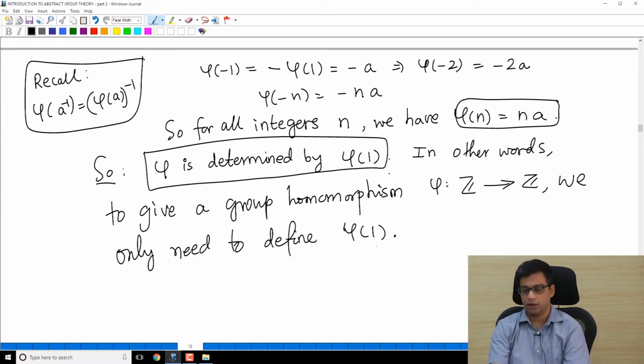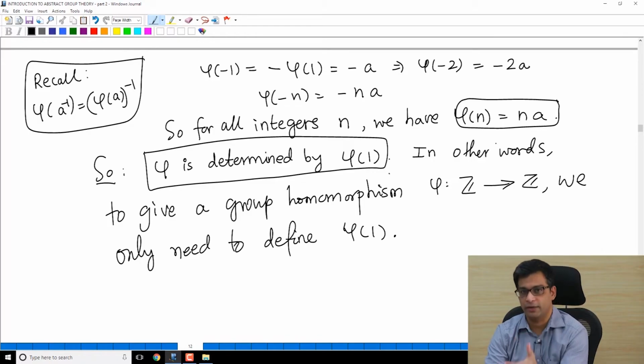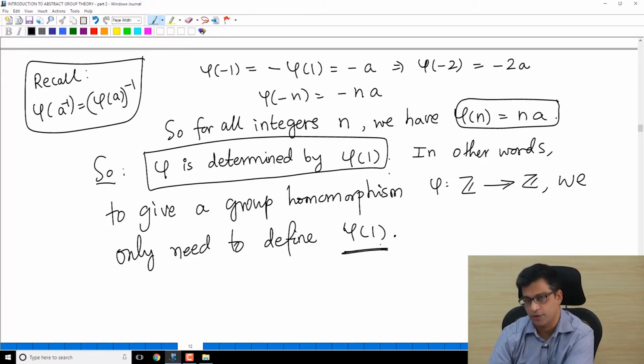Because once you define phi of 1, phi of n is automatically defined. This is the power of a group homomorphism. Once you define what phi of 1 is, all the other infinitely many integer images are determined.